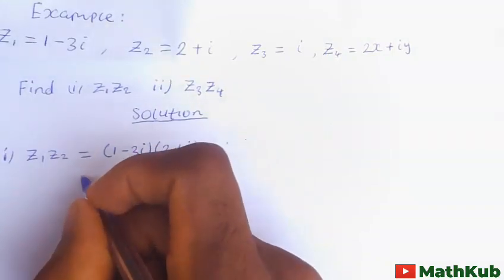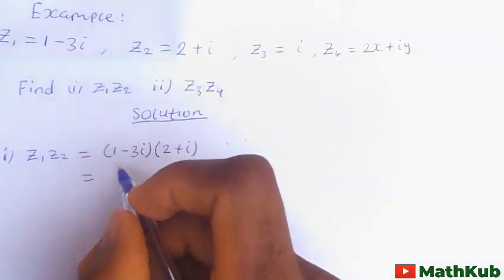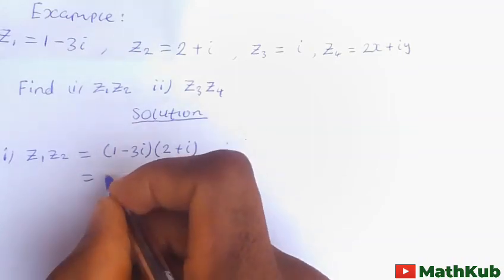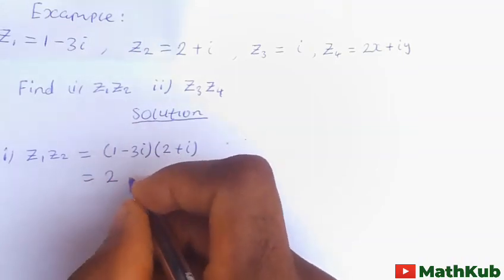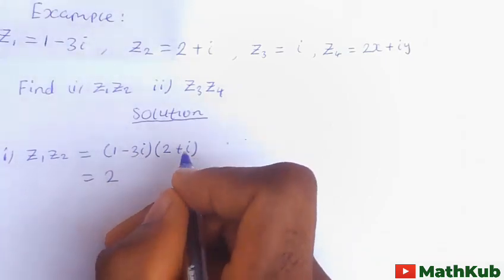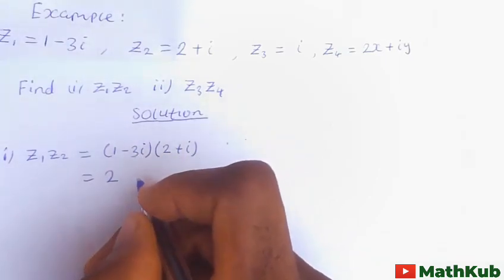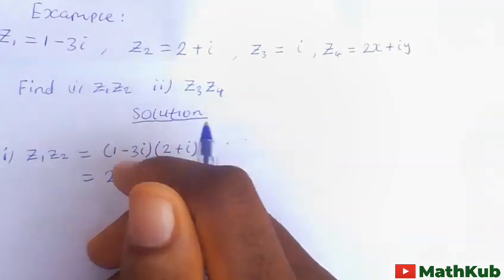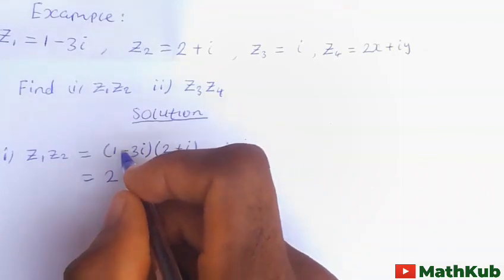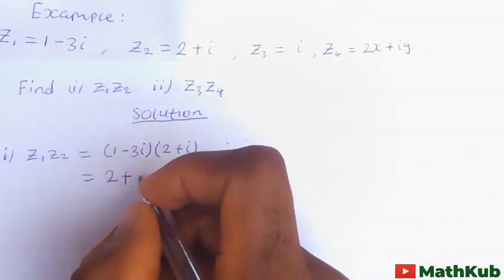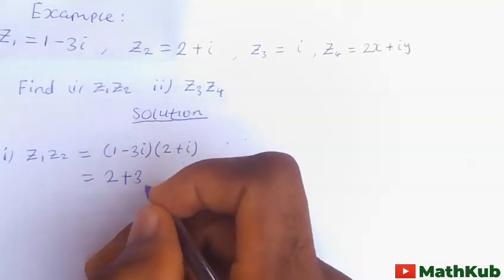We now multiply 1 by 2, which gives 2, and we multiply minus 3i by i. You know that i times i is minus 1, then minus times minus is plus, so this is plus 3.